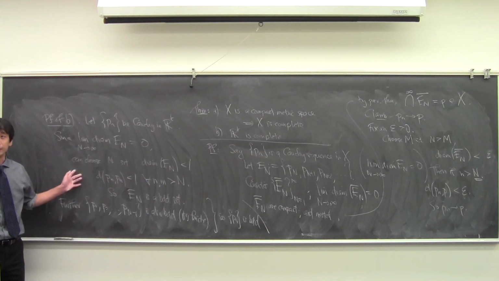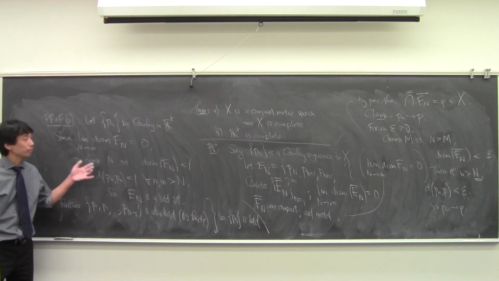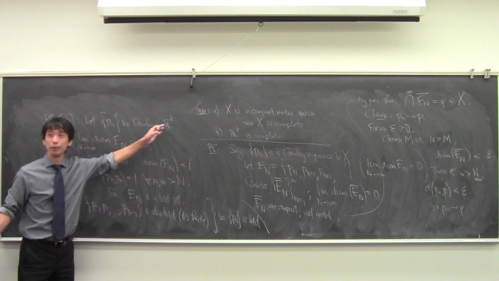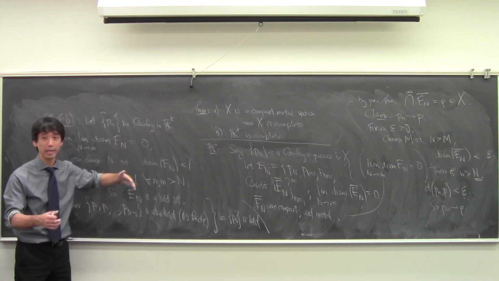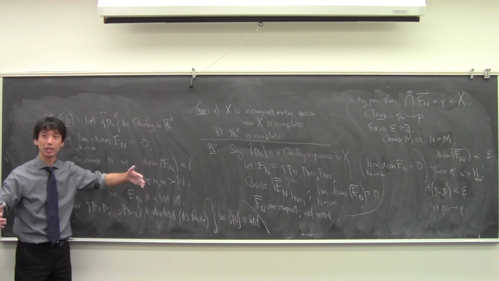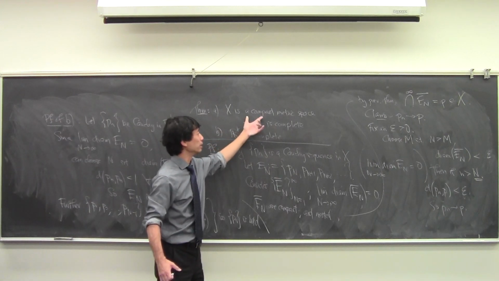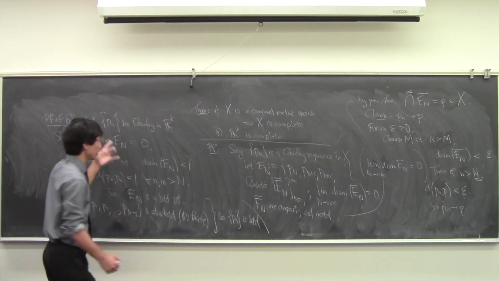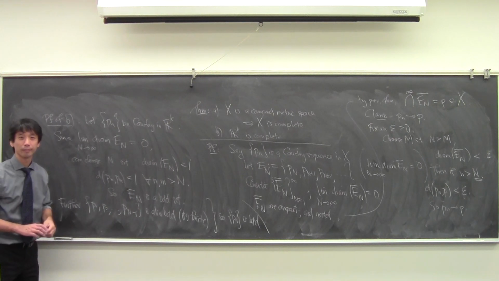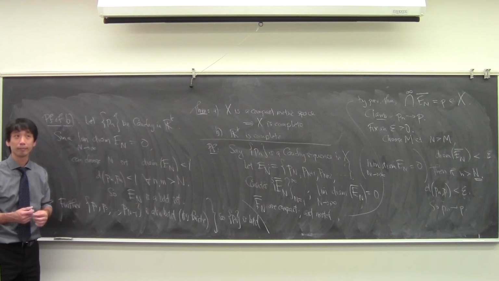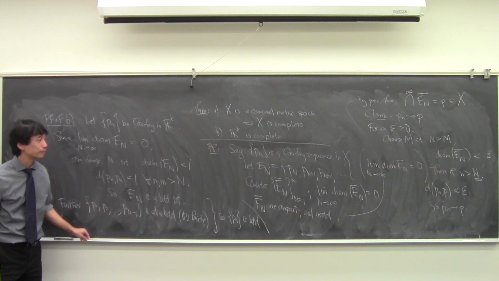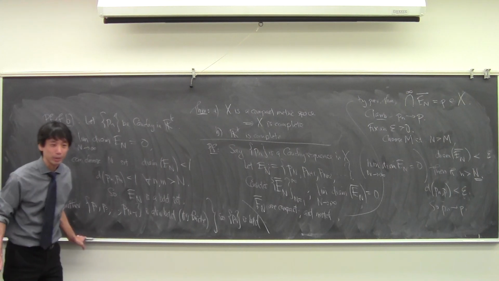And then you just argue as before. You've got a bounded set, so it's living inside of a compact metric space, and so you know that your Cauchy sequence has to converge. So Euclidean space is complete.